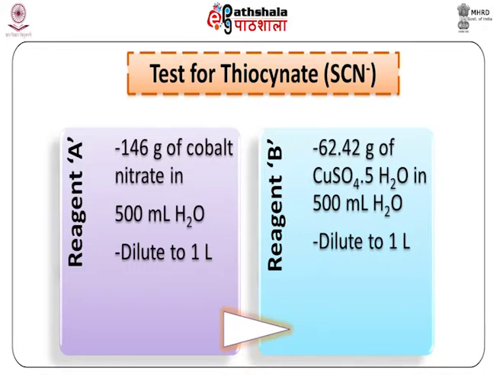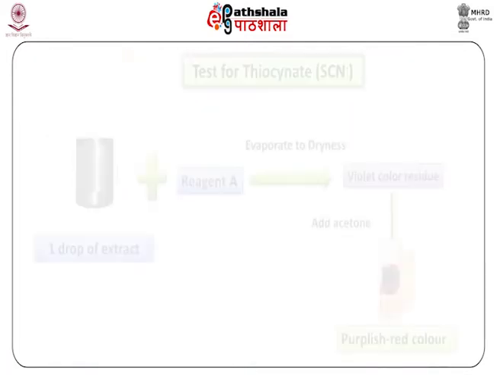Reagent B. It is prepared by dissolving 62.42 grams of copper sulfate in 500 ml of distilled water and then diluting it to 1 liter.